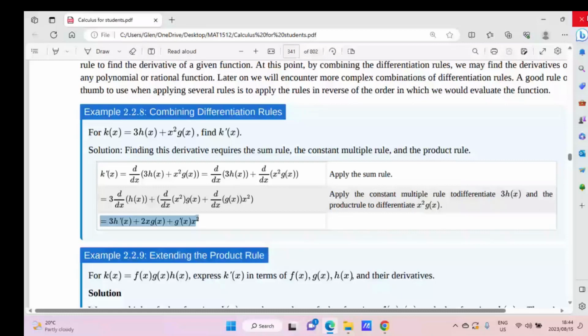Then you find that you have f prime of x times g of x times h of x plus g prime of x times f of x times h of x plus h prime of x times f of x times g of x. And that's your final answer.